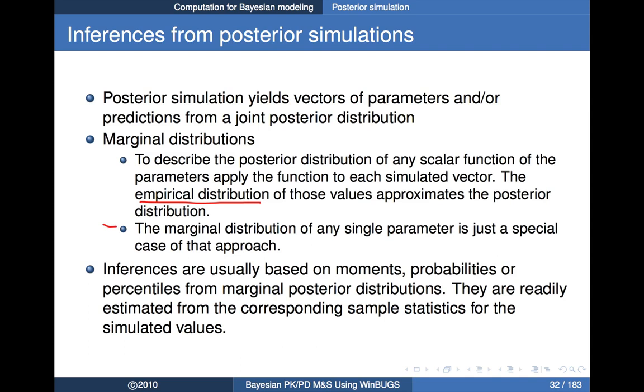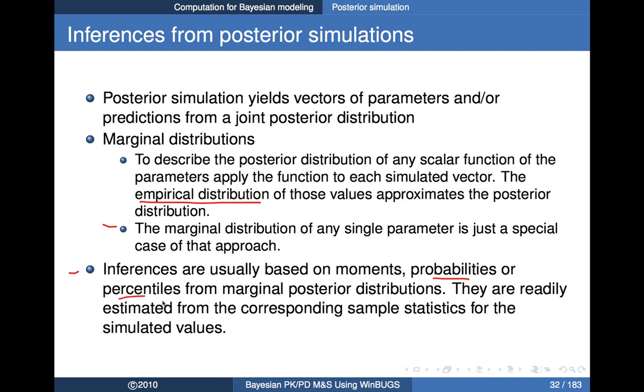Once I have that marginal distribution for that parameter, my inferences are based upon things like moments of that, for instance the posterior mean or mode or the posterior standard deviation and such. I can work with probabilities based upon that empirical distribution, or percentiles from that.